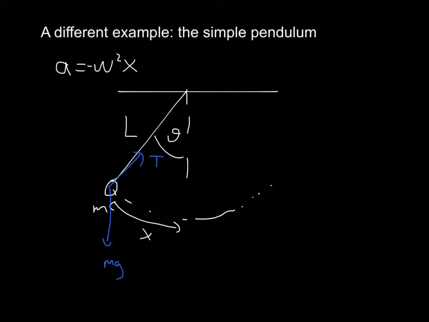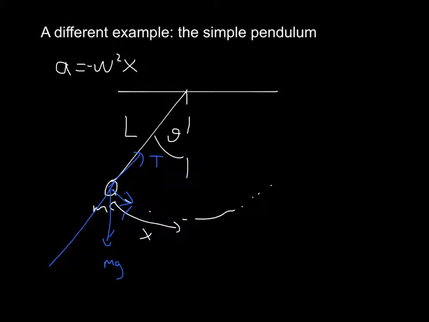Now let's see if we can calculate this. All we need to do is take this thing and prolong it, so make this a little bigger. Then we know that this thing has two components. Component number one is this, that we don't care about, because it goes against the tension and cancels out. But the one that we do care about is this one here, this component that points this way, and you can see that it's the same as this length over here.